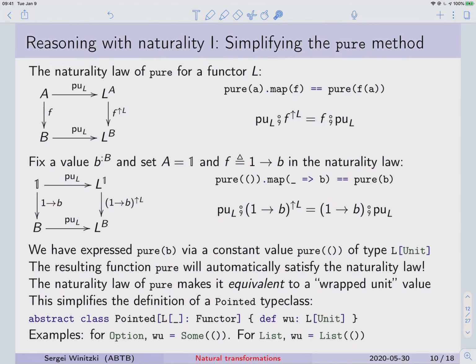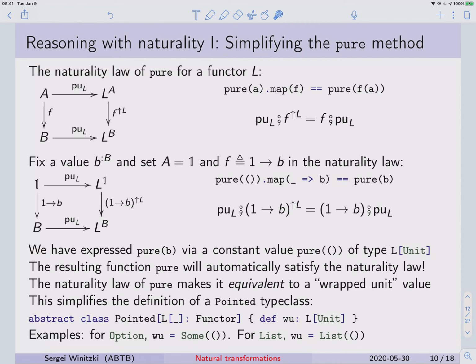Naturality laws and natural transformations have other uses in functional programming which are less directly related to everyday coding. But sometimes they're important when you're writing new libraries, especially libraries that have new type classes, or implementing existing type classes for new data types.